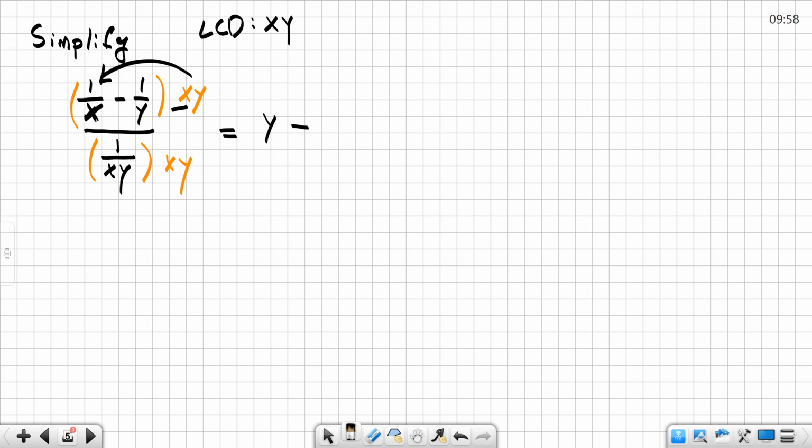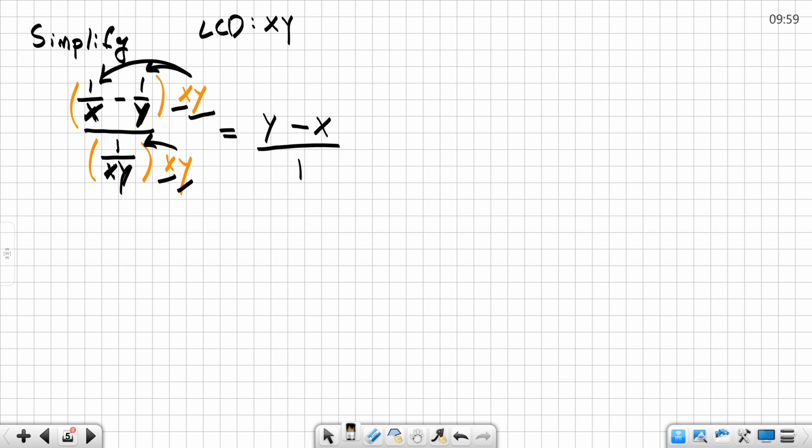Now, what is happening in my second fraction? This y down here is going to cancel out with this y. So I'm just going to be left with an x. In the bottom, what is happening right here? If I multiply this fraction, maybe I should put the arrow on the top so that it looks like right there. x times 1 over x, this x goes away, and the y goes away.